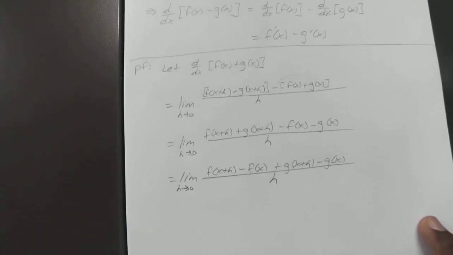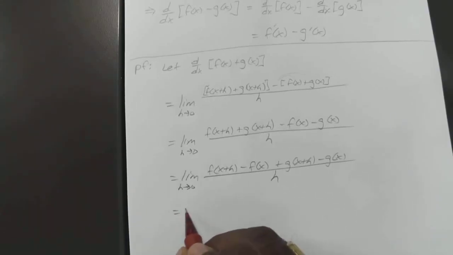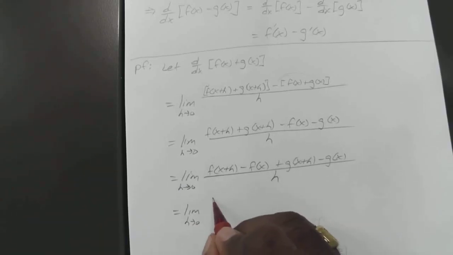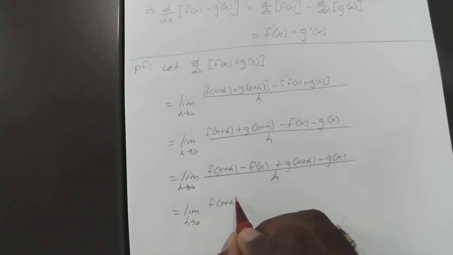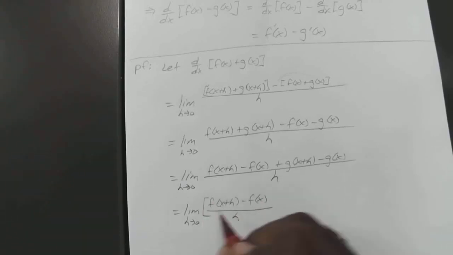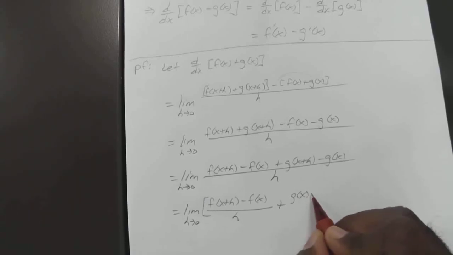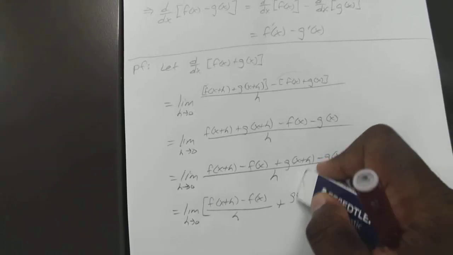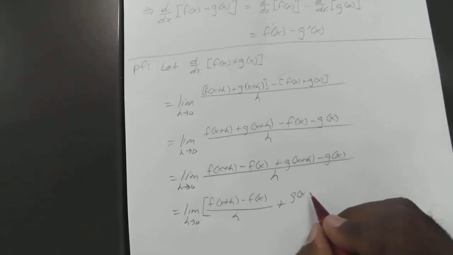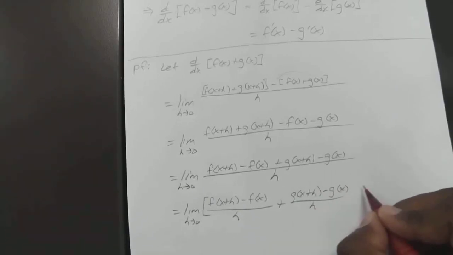Which means we can separate this into two separate fractions: f of x plus h minus f of x all over h, plus g of x plus h minus g of x all over h.